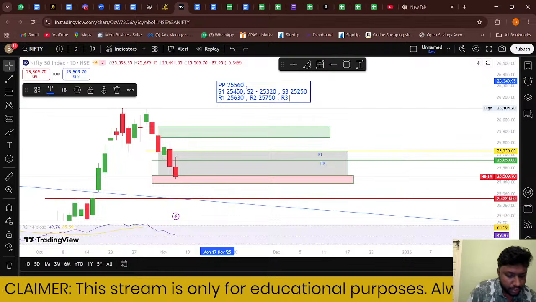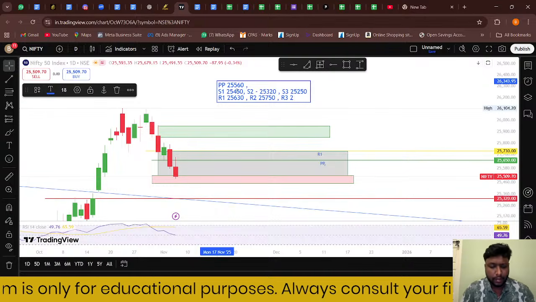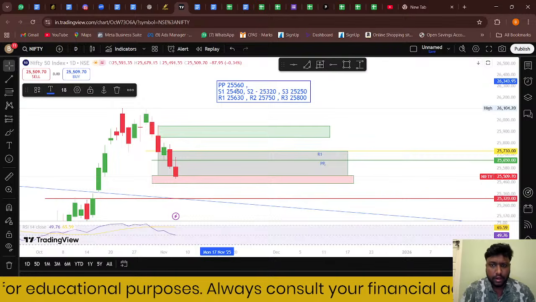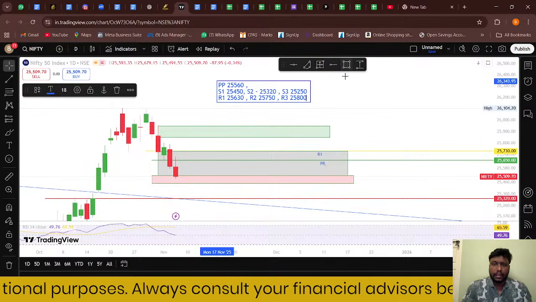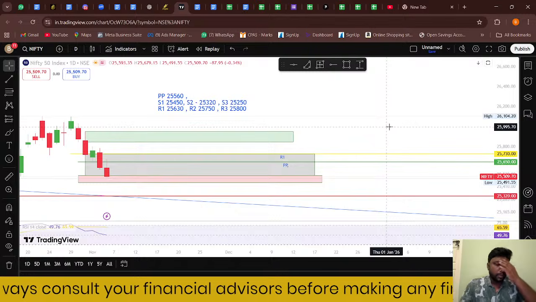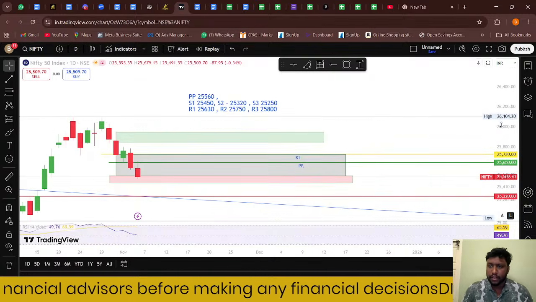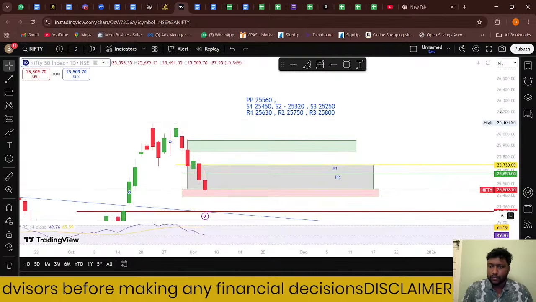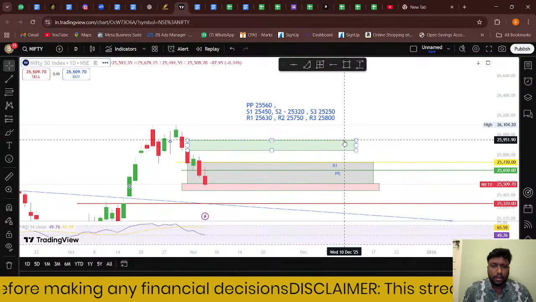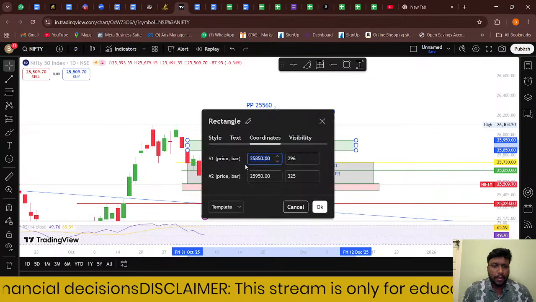R3 will be at 25,800. We could mark 820, but 25,800 will be the resistance. So these are the three supports and resistances with respect to the pivot point, according to the previous close, high and low. We will zone this out according to our three resistances and supports.